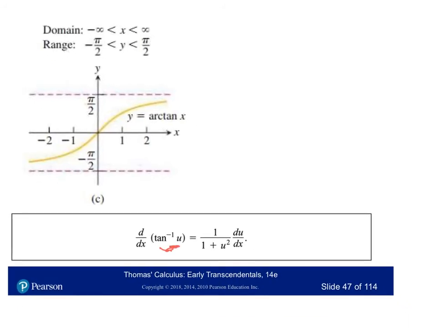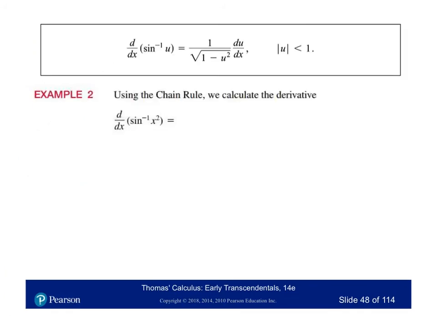It may be a function, so you still have to multiply your answer by du. Just like I said, the du kind of is up there in disguise. There's your arctangent, with the u could be other things.